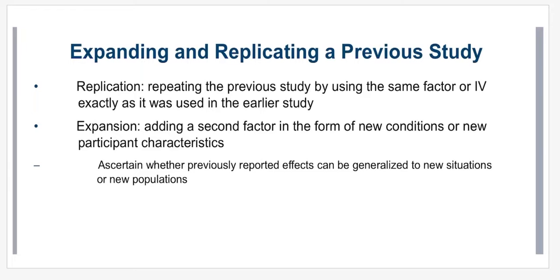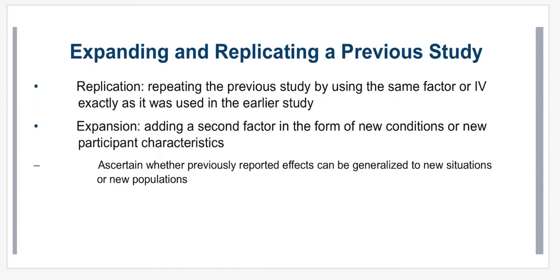So for both of these types, for the new situations or the new populations, the format would be the same. You would take the original factor 1 or independent variable, that treatment, and you would do that same replication part, but you would do it under a variety of different conditions.